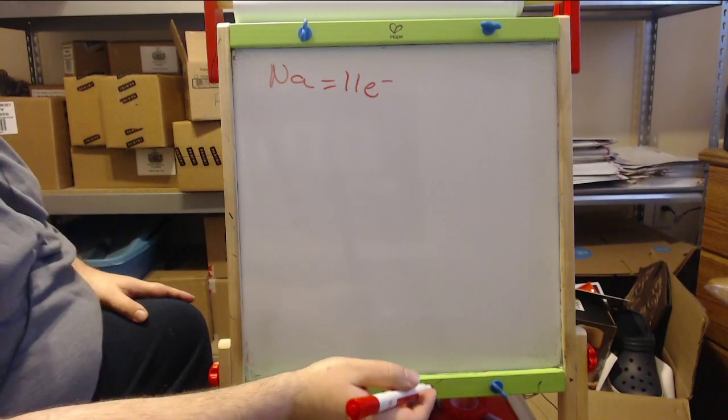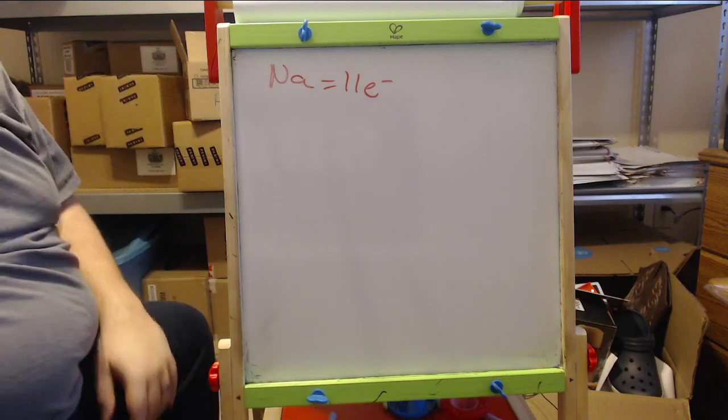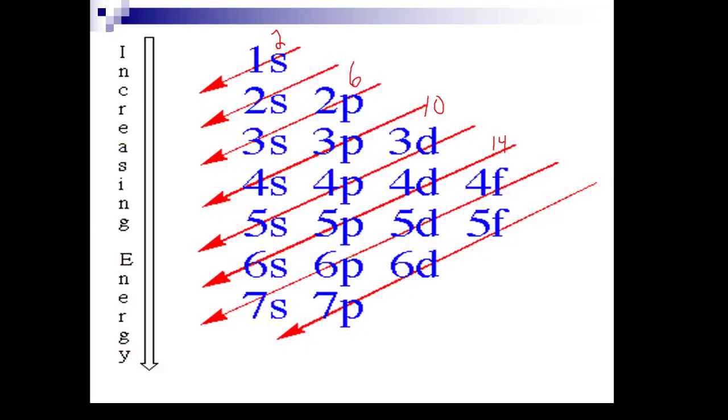All right, so let's take a look. The first one to fill, according to our picket fence, is the 1s, and the 1s is going to hold 2 electrons. Next, the 2s will fill, and it'll hold 2 electrons. Following that, the 2p, which will hold 6. So I've got a total of 10, if we count 1s2, 2s2, that's 4, plus 2p6, so I need one more electron.